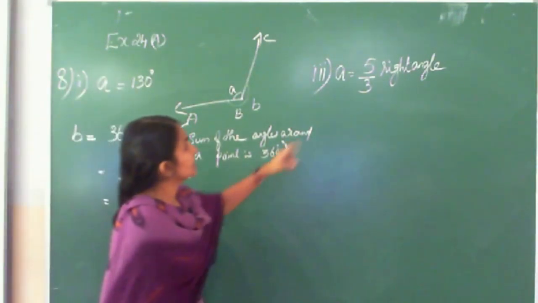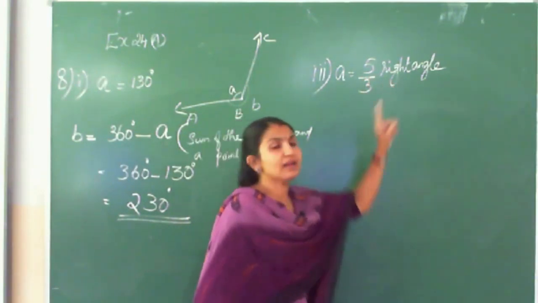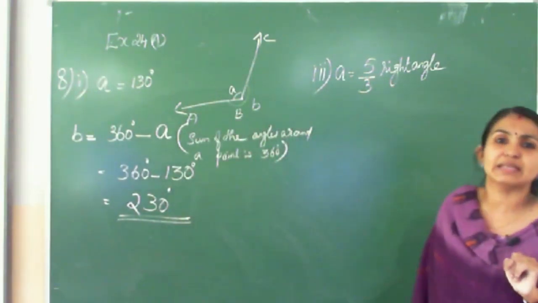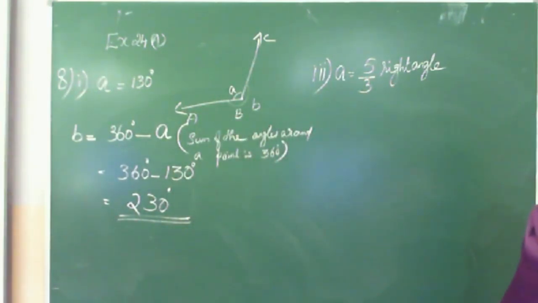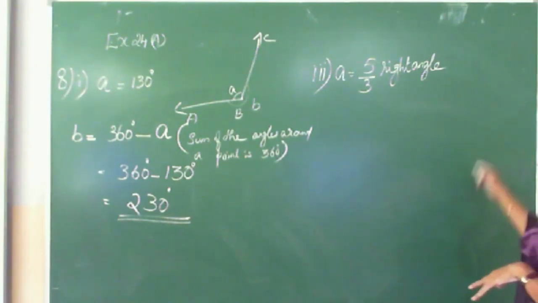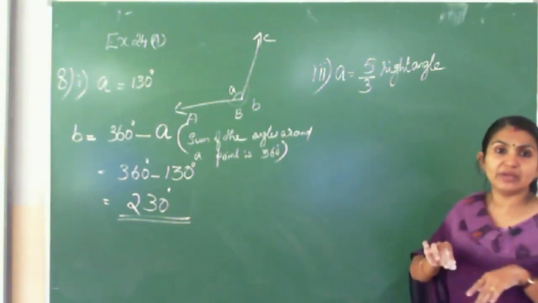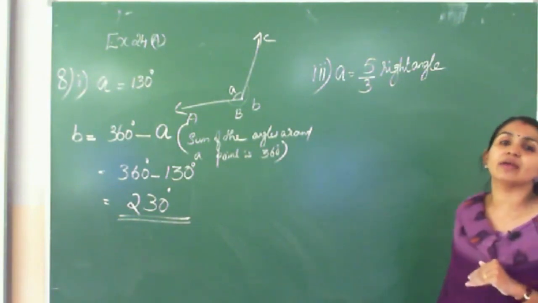The third question is, A is equal to 5 by 3 right angle. What is meant by right angle? Right angle means 90 degree. 5 by 3 right angle means 5 by 3 of a right angle.